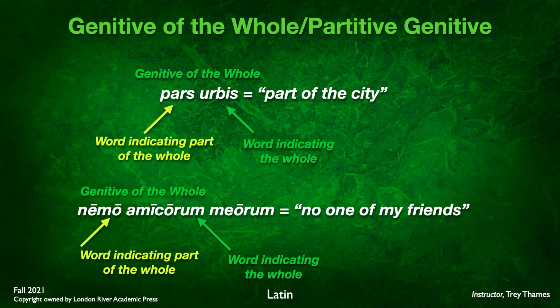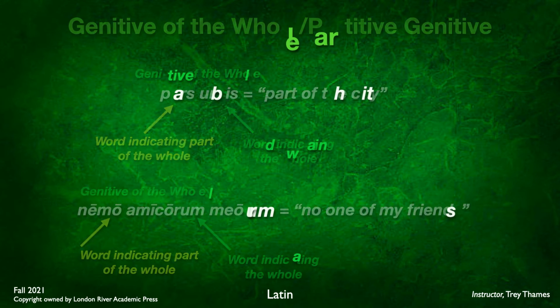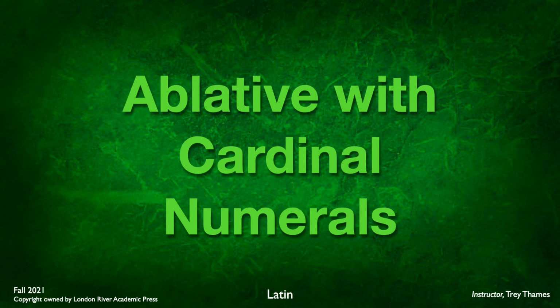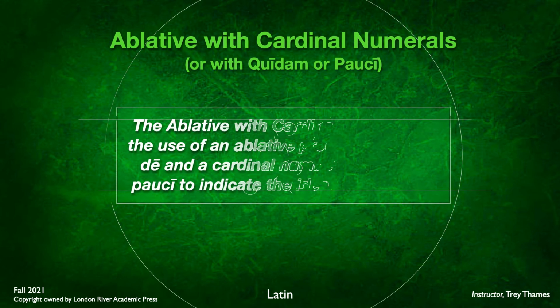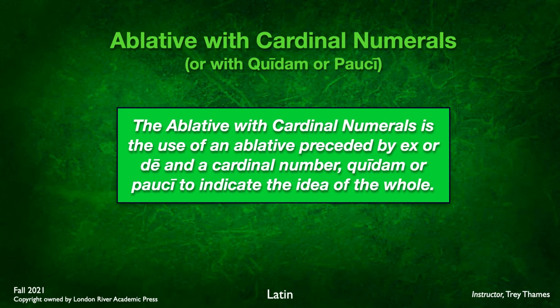Now, there are other ways that Romans would use this same kind of structure, but with a slightly different construct. It's called the ablative with cardinal numbers. It'll essentially accomplish the same thing. It could also be an ablative with the word quidam or pauci.